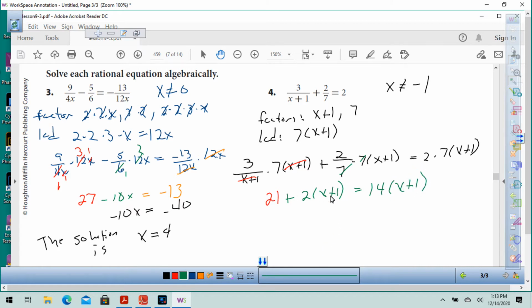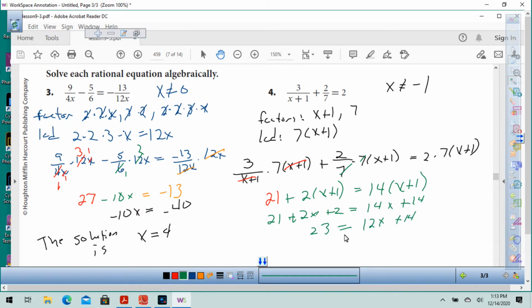Now we're going to have to distribute some stuff. So we got 21 plus 2x plus 2 equals 14x plus 14. Well, let's see, 21 and 2 is 23. I'm going to subtract 2x from both sides, and that gives me 12x plus 14.